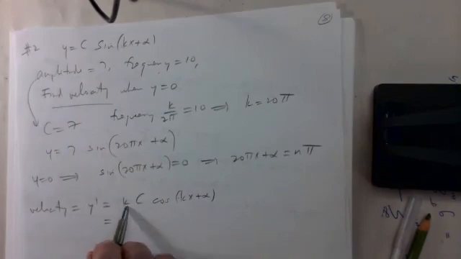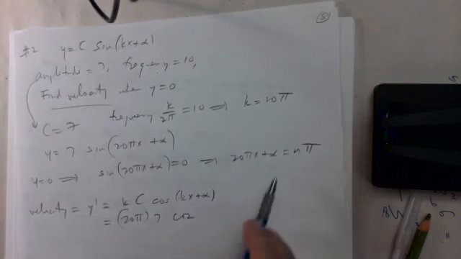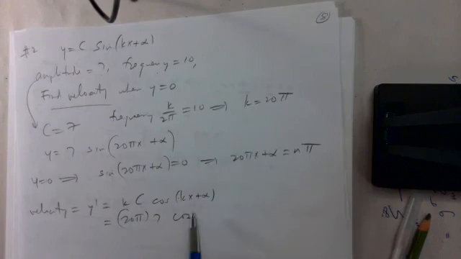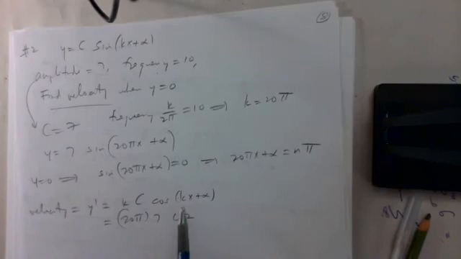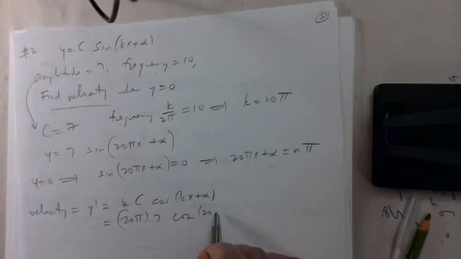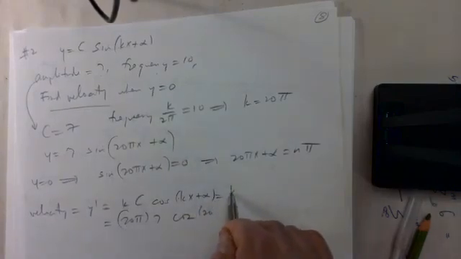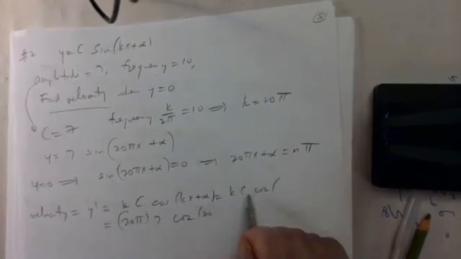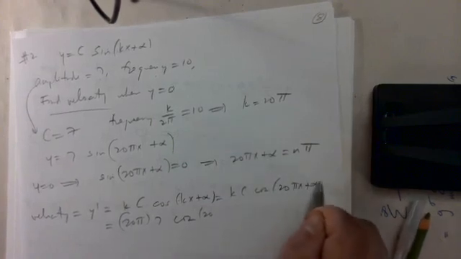C is 7, k is 20 pi. So this is kc cosine, 20 pi times 7 times the cosine of 20 pi x plus alpha.